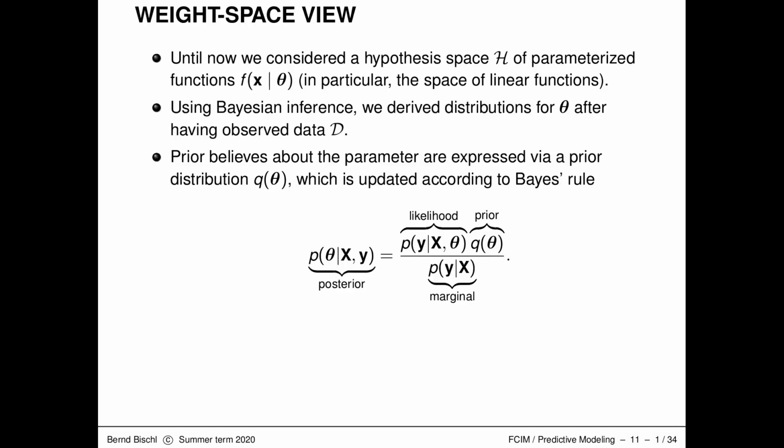Okay, so until now, we have done something that some people call the weight space perspective. And this weight space view is something that's super common and that's nearly always used for any type of classical machine learning model. So we have considered hypothesis spaces, and these hypothesis spaces consist of functions, right? And we really want to learn what's the best function that matches our data the best from that set of functions.